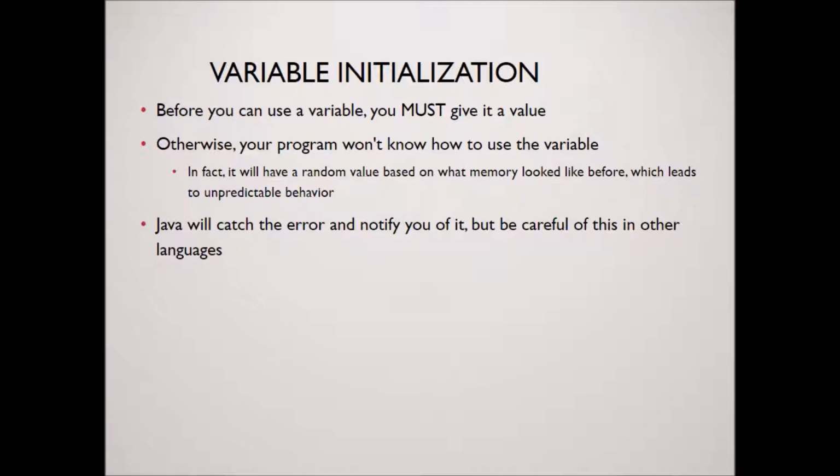Before you use a variable, it must have a value, or you get some sort of an error in your program. It will produce an error and say you've got to initialize it. You can't use it without initializing it, in other words. And NetBeans is going to catch that for you.